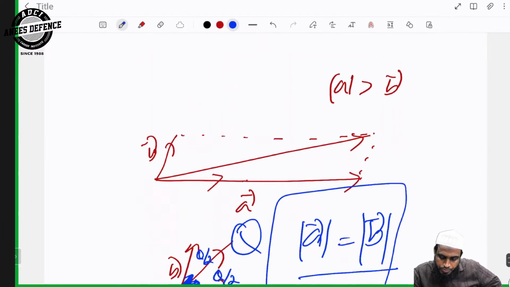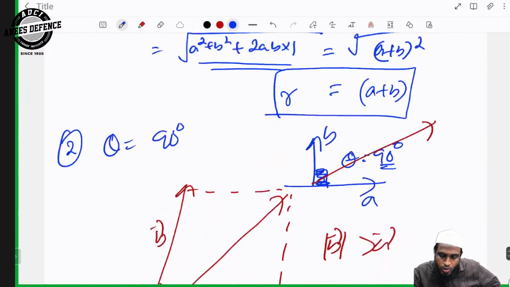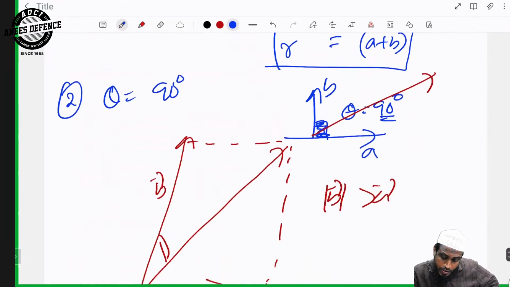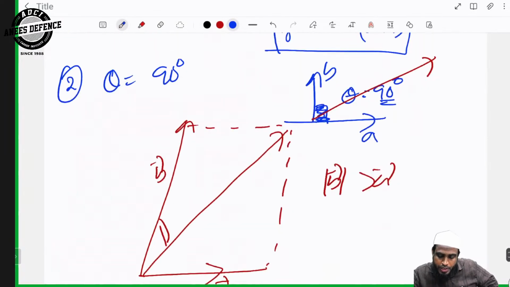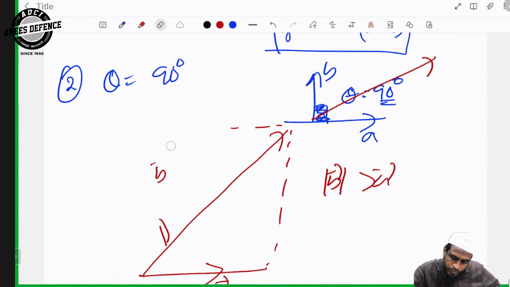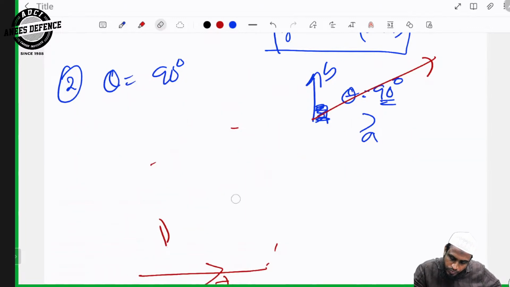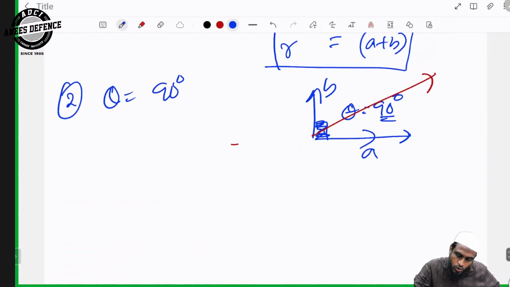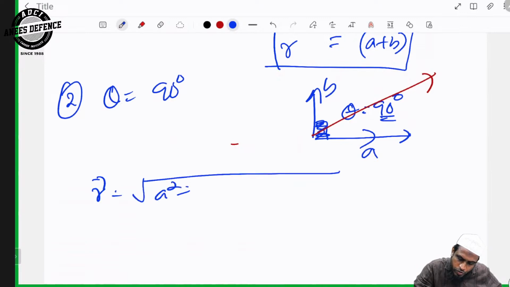Here you can see that is the parallelogram law. So in this case, theta equal to 90 degree. So what is R? R equals root of A square plus B square plus 2AB cos theta. Here we only need to consider the magnitude.